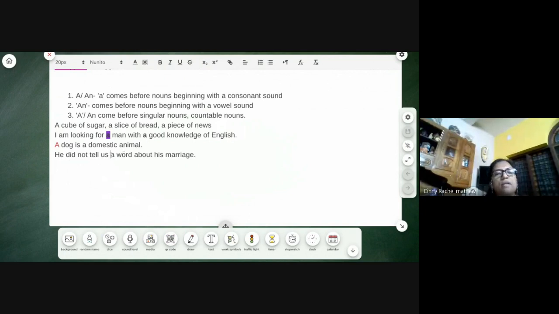Now, look at the indefinite article A, which I'm coloring for you again.